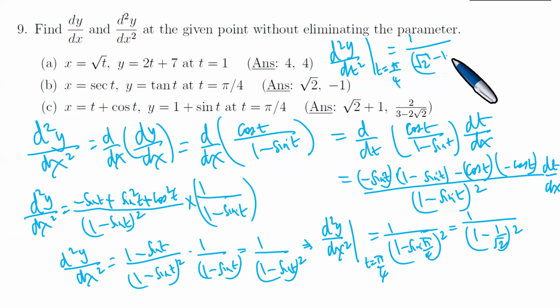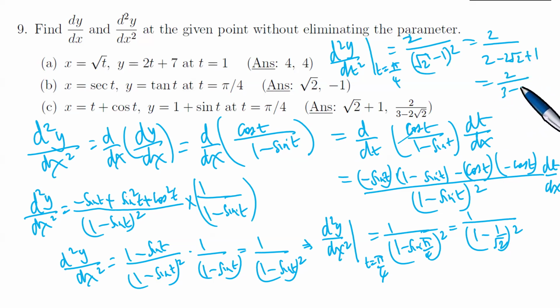So you square this, it becomes this, you divide by 2. So you can bring the 2 here, like this. So it is 2 divided by 2 minus 2 times the square root of 2 plus 1, which is 2 divided by 3 minus 2 times the square root of 2. So this is the answer to 9C.